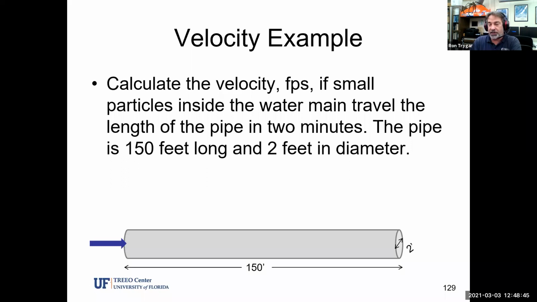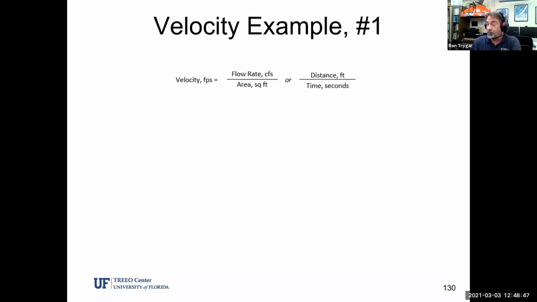So let's look at the formula or the potential formulas. You'll notice that there's two formulas we could use: flow rate as cubic feet per second divided by the area in square feet, or we can do distance in feet divided by time in seconds. So the one that fits the best for this example is the second formula. It's distance in feet, which we said was 150, divided by the time in seconds.